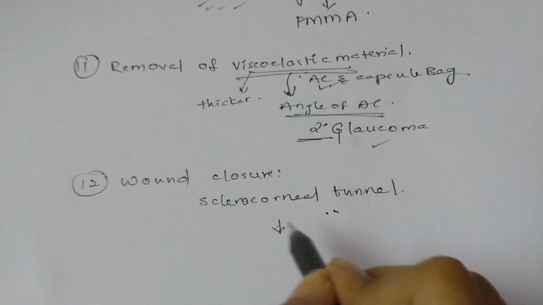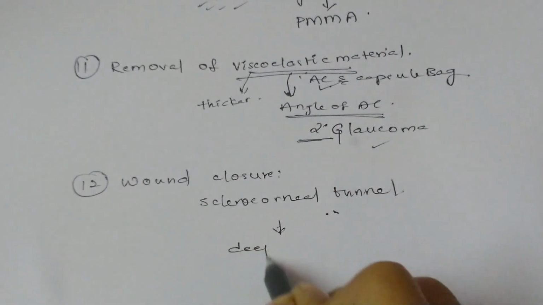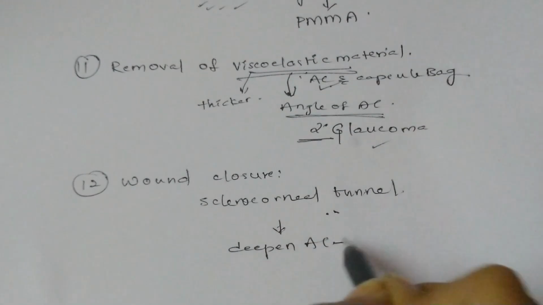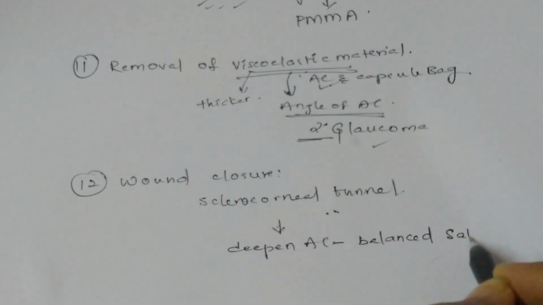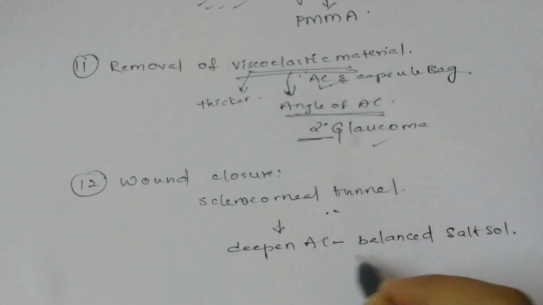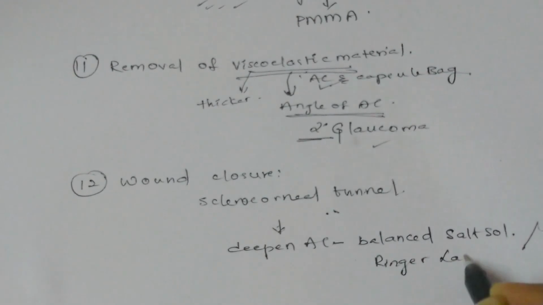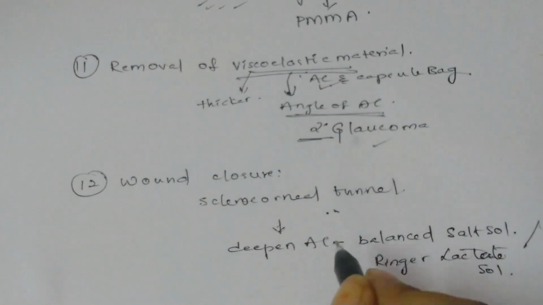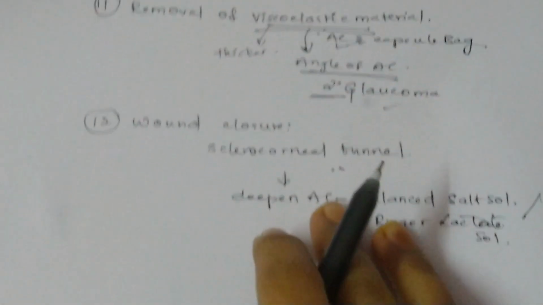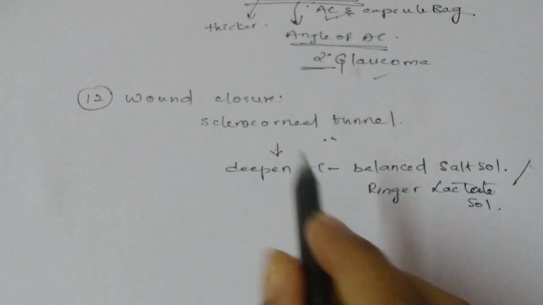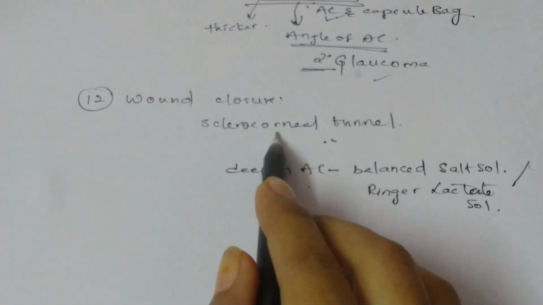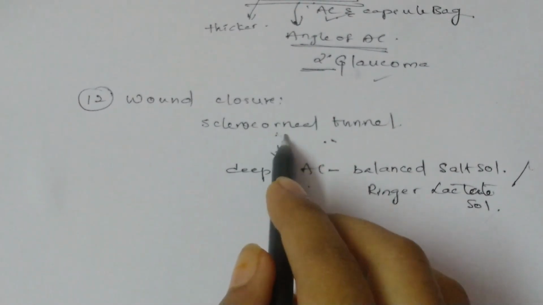So, if we deepen the anterior chamber with the help of balanced salt solution or Ringer lactate solution, this will automatically close the sclerocorneal tunnel. That is our aim, right?